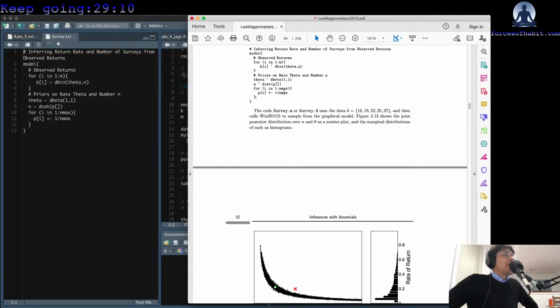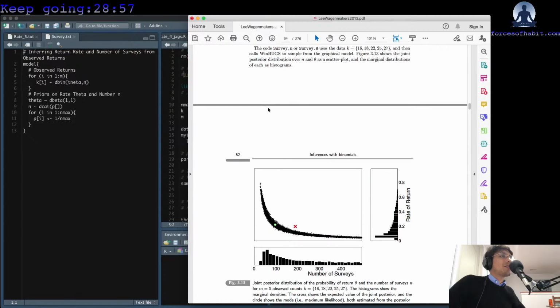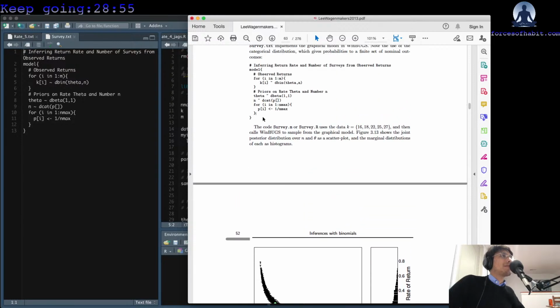Predicted number of surveys. It can range from 1, so they definitely had to have 1 or else they wouldn't have been a survey helper, or 500, which they said. But we're not putting that restriction here, which is weird. Oh, well, we specify the prediction somewhere else. So here we go.